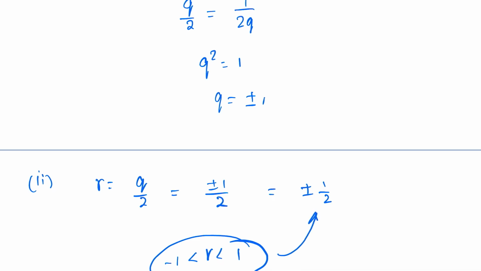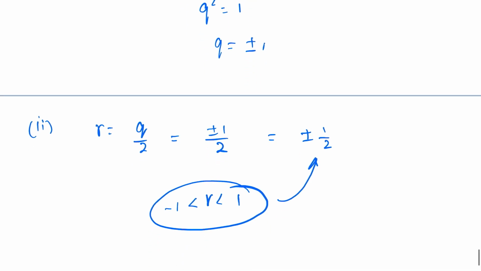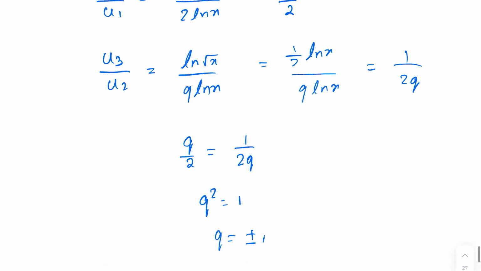So we can see that yes, in both cases, either positive 1 upon 2 or negative 1 upon 2, the common ratio is lying between negative 1 and positive 1. So therefore, in both cases, the series is convergent. That's going to be the answer for part 2.